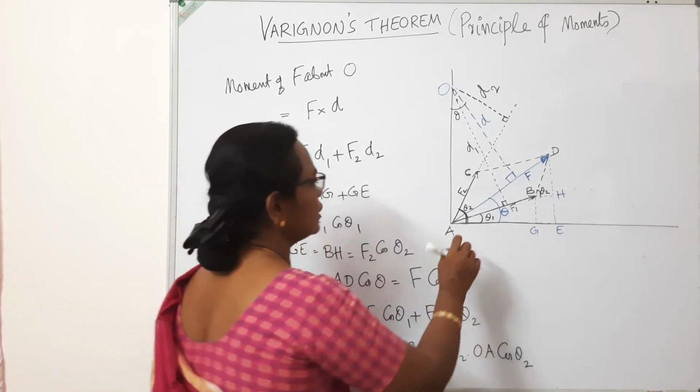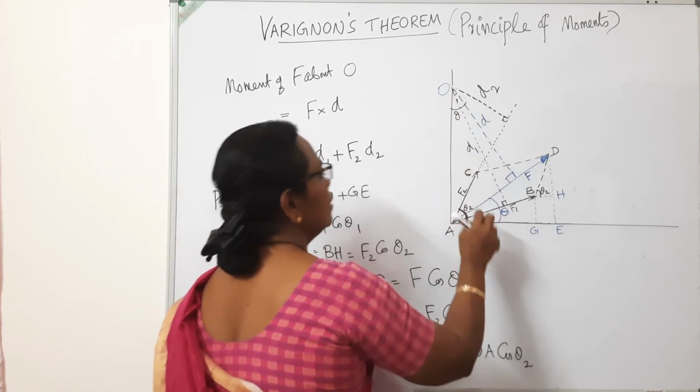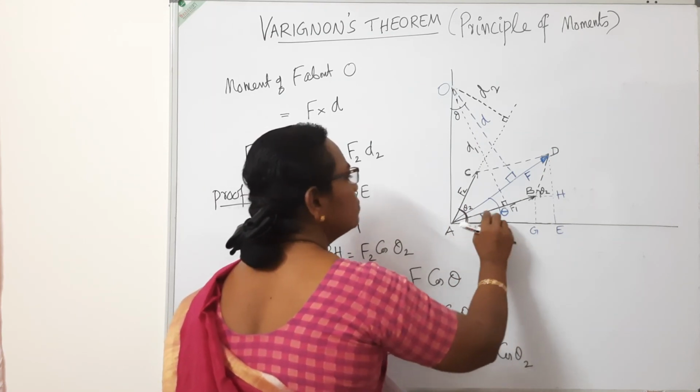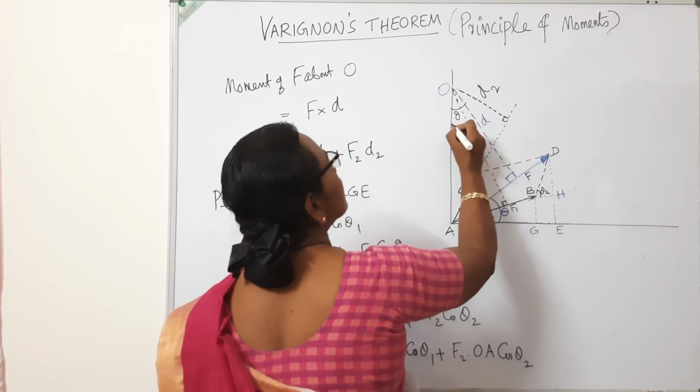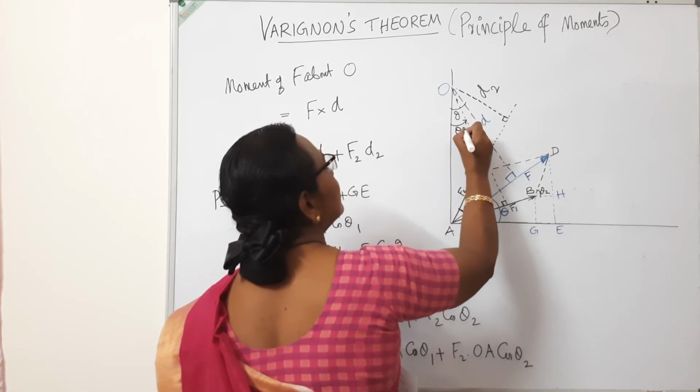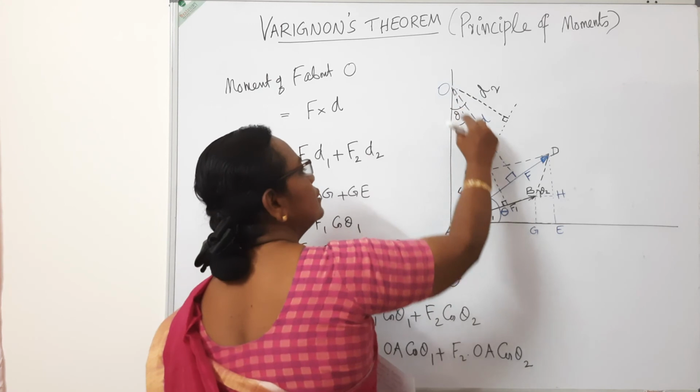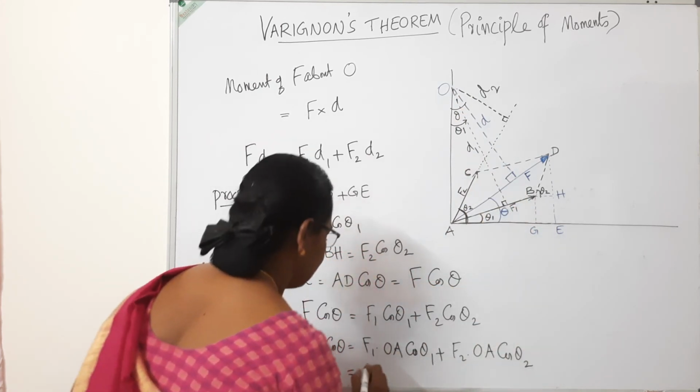Similarly, OA cos theta 1. This is OA, and this is theta 1. So the angle between the perpendicular to F1 and the vertical is theta 1. So OA cos theta 1 is nothing but D1.